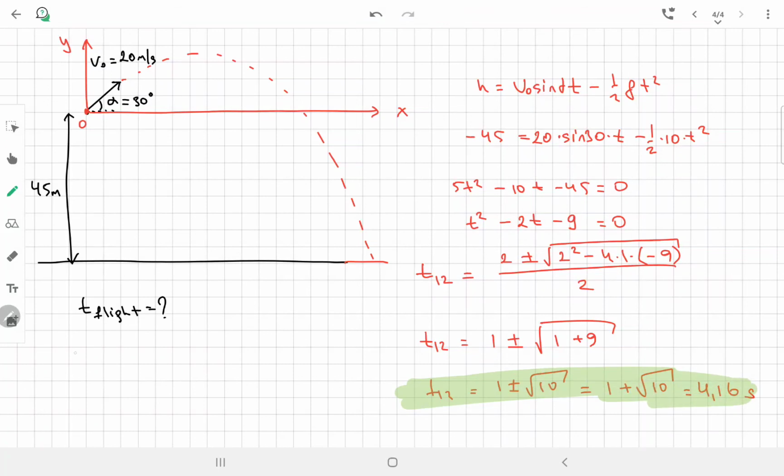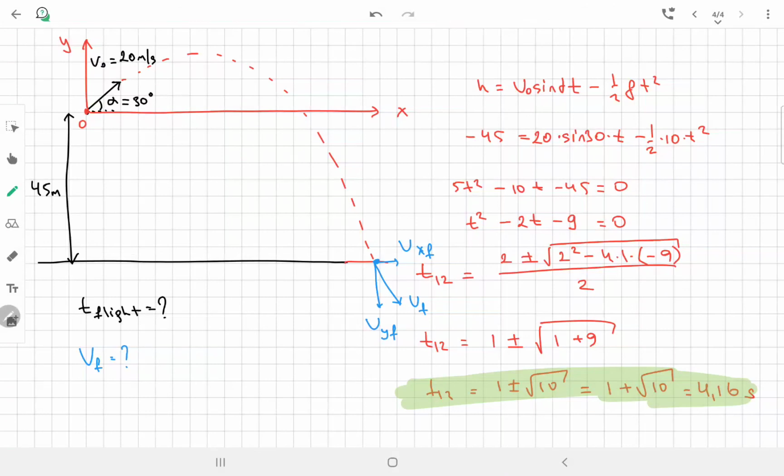Second question: find the final velocity with which it will hit the ground. So basically at this point velocity will be directed approximately like this, and this is the x component of the final velocity, and this is the y component of the final velocity.